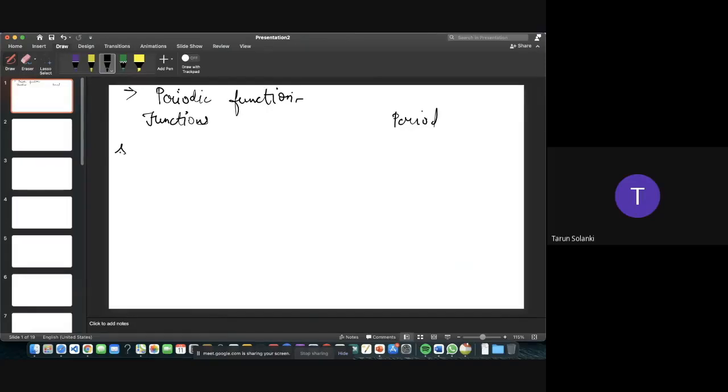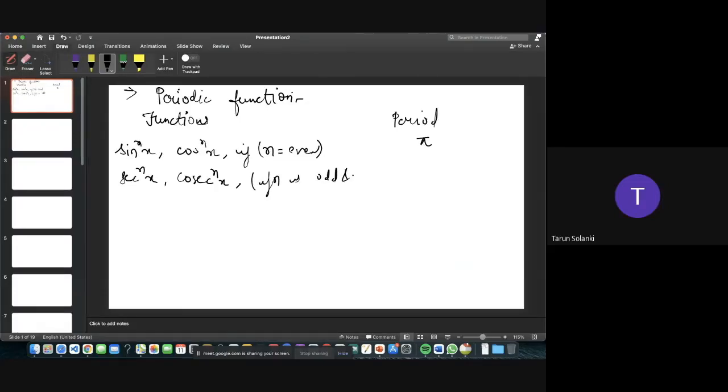So we can write here sine to the power n x, cos to the power n x, if n is even, then the period is pi. Similarly, if sec to the power n of x, cosec to the power n of x, if n is odd and fraction, odd and fraction, so it becomes 2 pi.